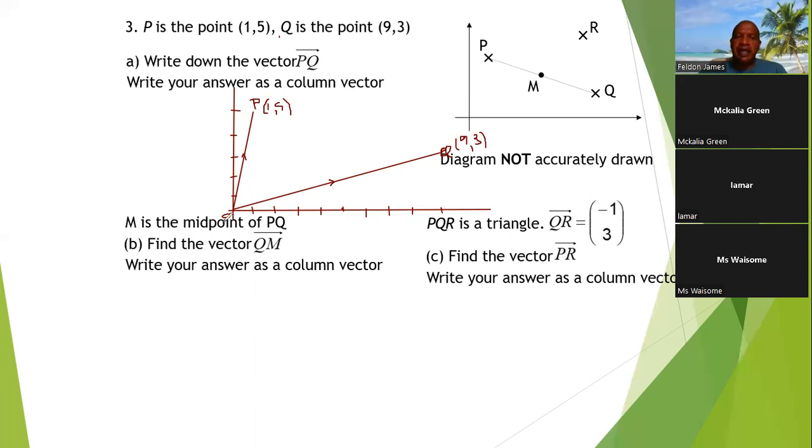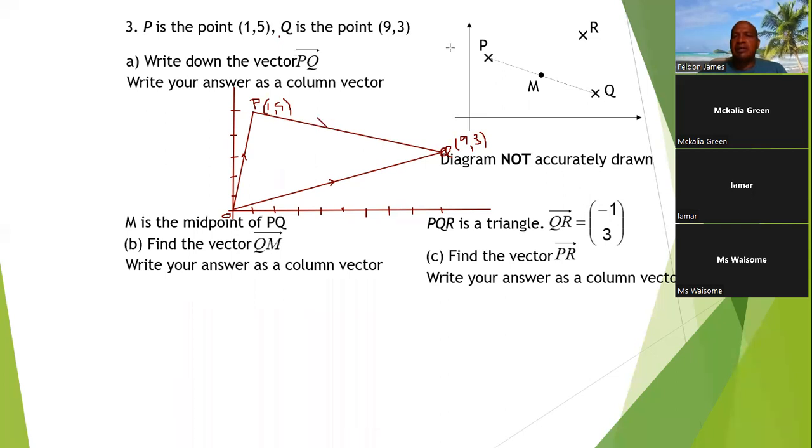They didn't ask you to find OP or OQ. They asked you to find what? PQ. And this is where drawing this is necessary, because now you can have a sense of which direction you're going. So you draw your line from P and you go into Q. So this is the vector.